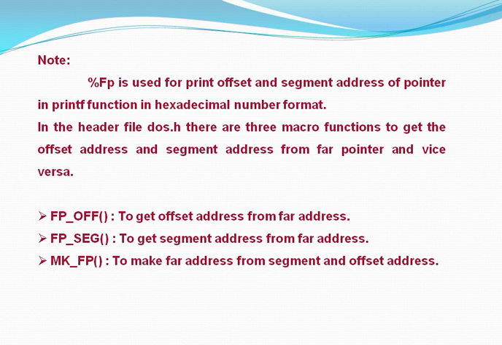So fp underscore off, by using this function you can get the offset address from far addresses. fp underscore seg to get segment address from far address. mk underscore fp to make far addresses from segment and offset address.